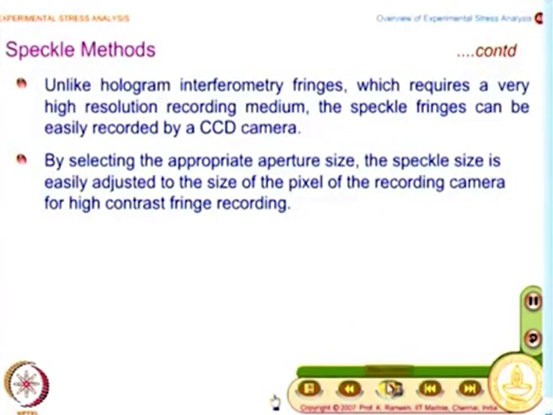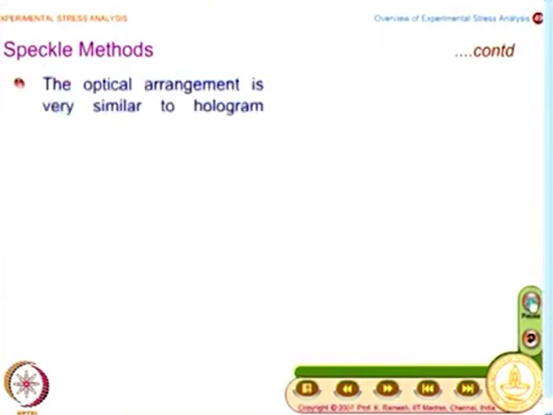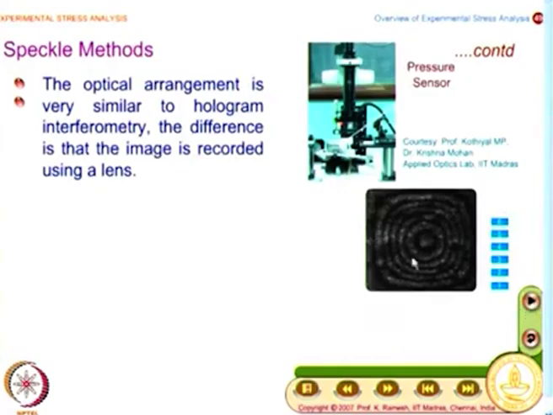And if you look at speckle interferometry, it is again same as hologram interferometry. It is very similar to what is there in hologram interferometry, and we had seen that hologram recording is a lensless photography. Once you come to speckles, we record only subjective speckles, and subjective speckles are recorded by a lens.